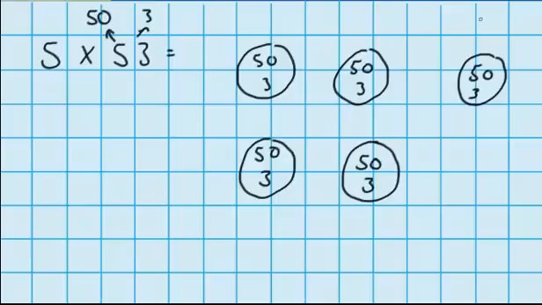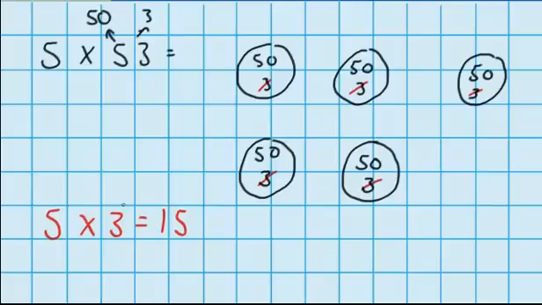And I'm going to start by working out how many 3s I've got. Well, there are 5 groups and 3 in each group, so 5 groups of 3 is 15. So I've worked out all of the 3s. So now the only amount that I've got left in my groups is the 50.